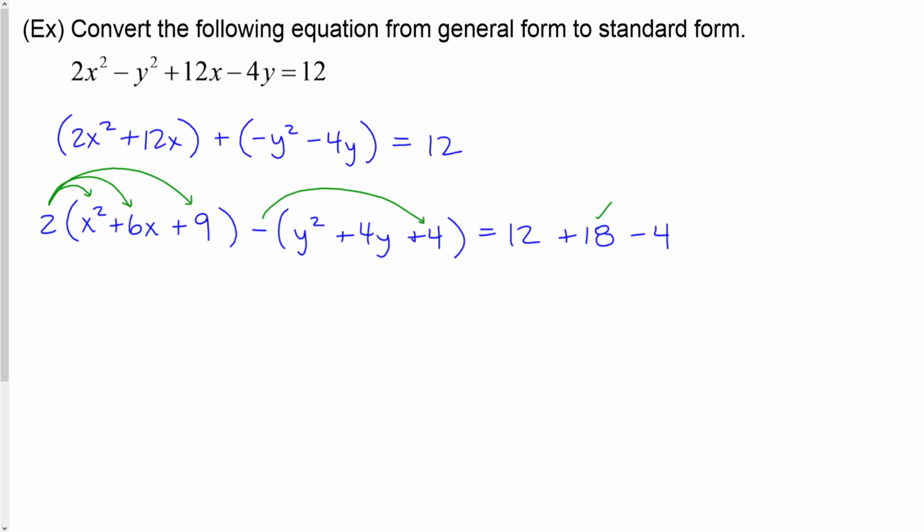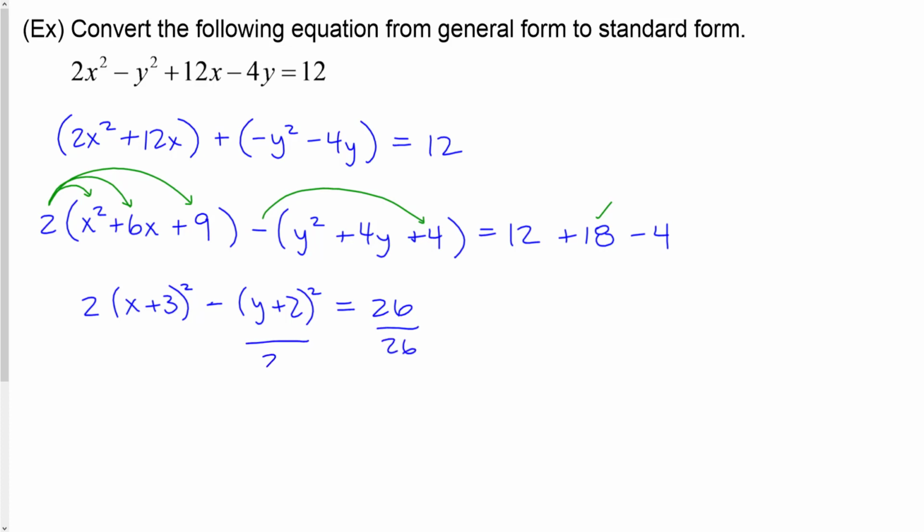So now that gives me 2 times the quantity x plus 3 quantity squared minus the quantity y plus 2 quantity squared equals, all right, so 12 plus 18 is 30, minus 4 is 26. And then to finish this off, this looks like the equation of a hyperbola to me because of the minus. So the standard form always has these equal to 1.